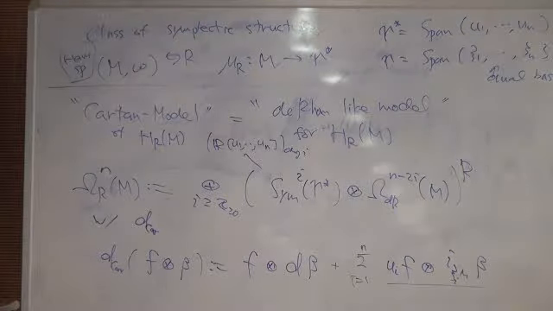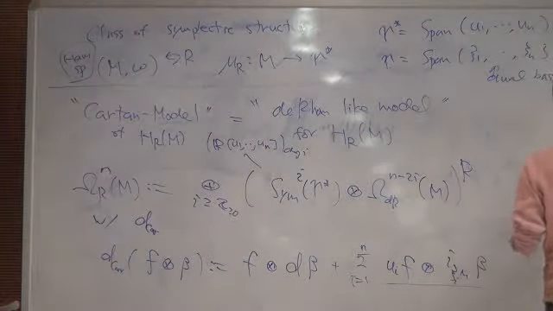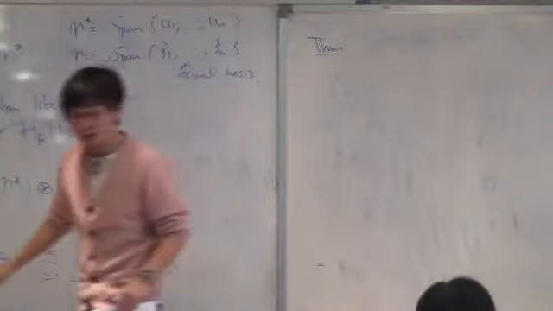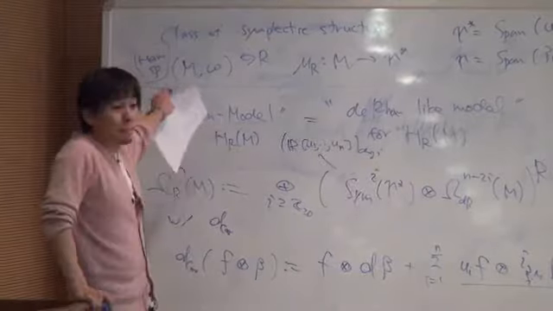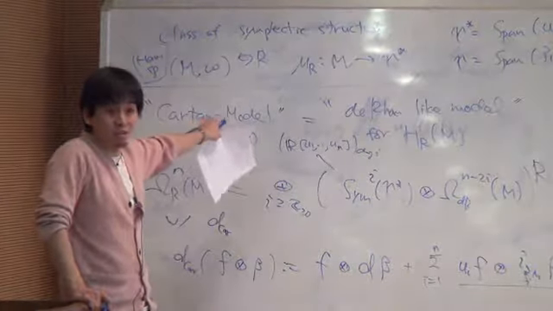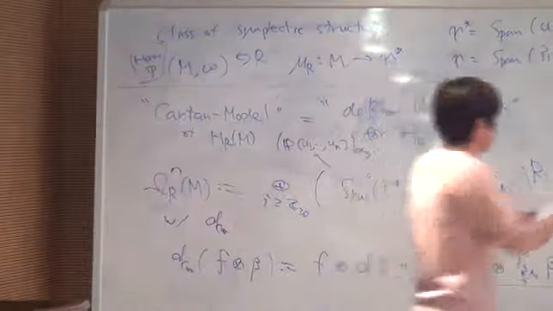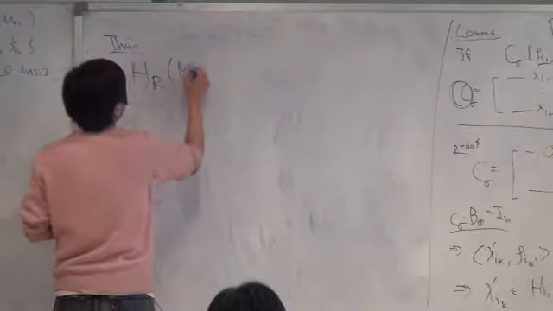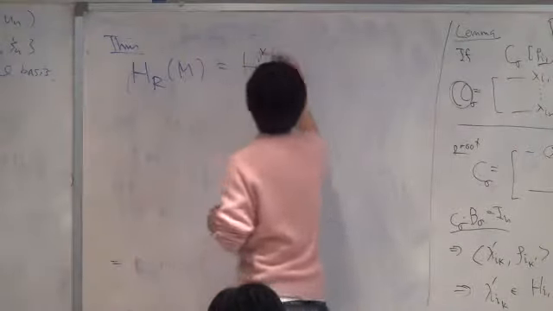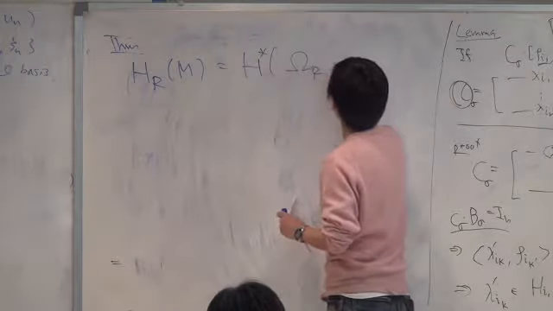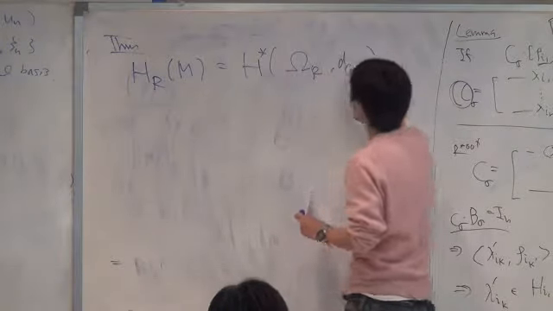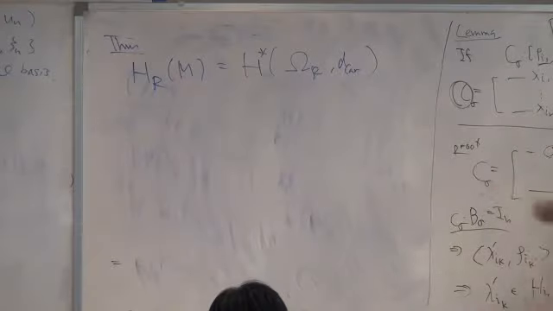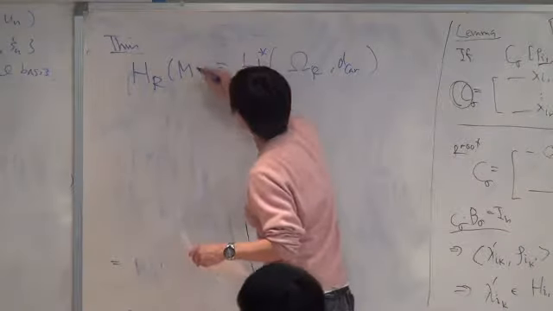All right, so the important fact is that this actually calculates the equivariant cohomology of M with R coefficients.